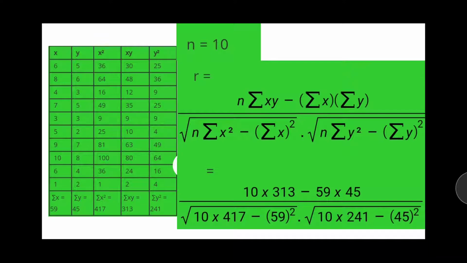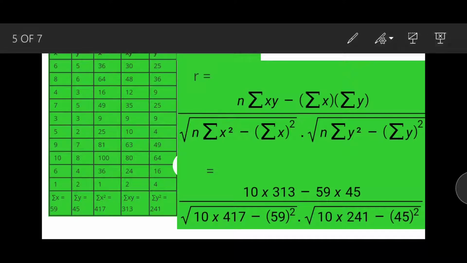So if I simplify all my values, remember the value of my n is equal to 10. That's the 10 I have here. Summation xy, that's the value I have here, and that is what is substituted here.